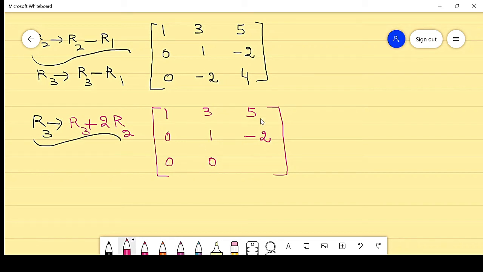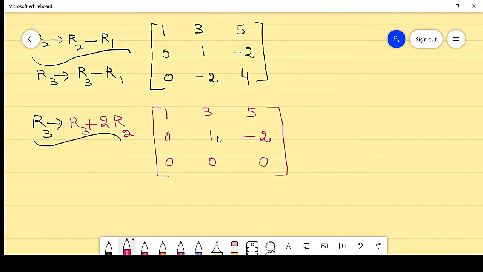So this is 0 and again this term is 0. So again last term is also 0. So this is a row reduced echelon form. So in this way we can find the row space.